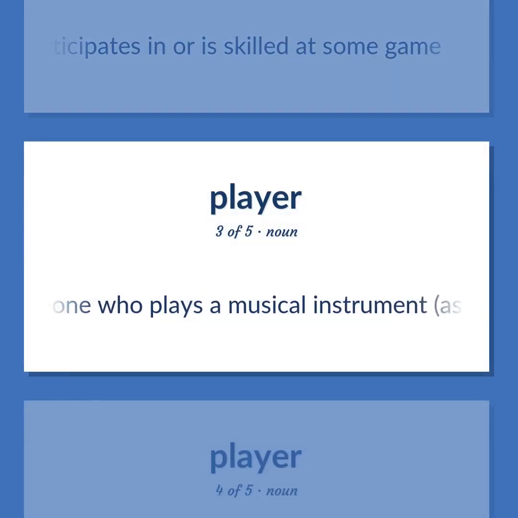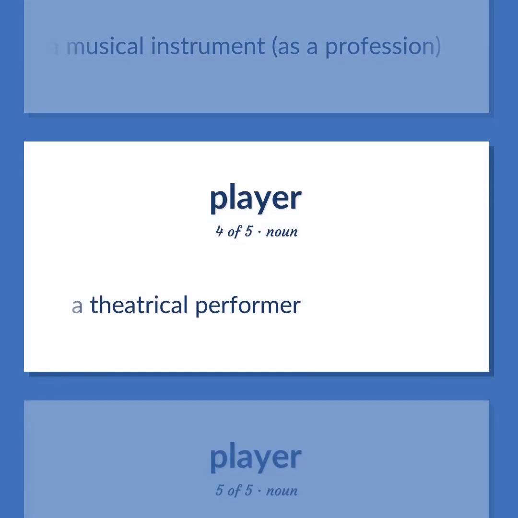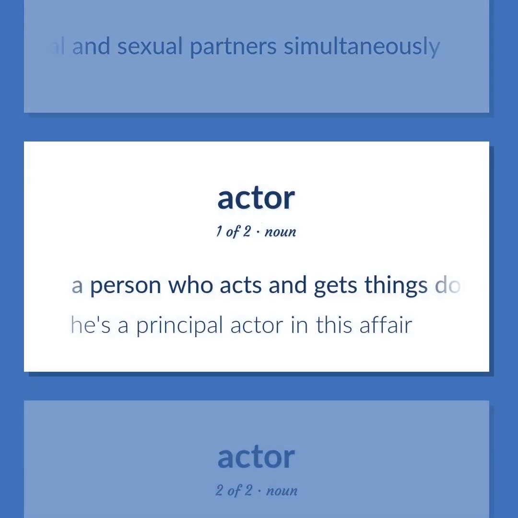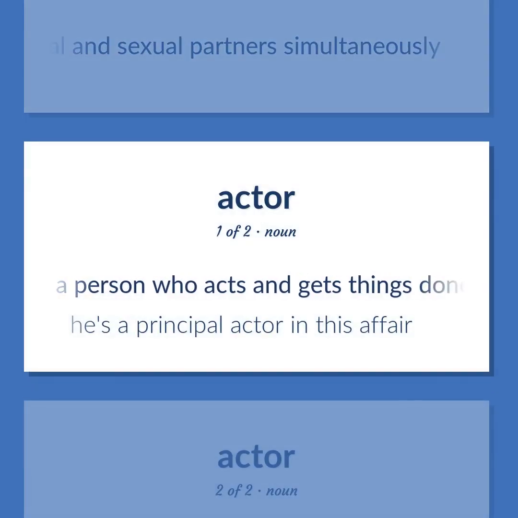Someone who plays a musical instrument, as a profession. A theatrical performer. A person who pursues a number of different social and sexual partners simultaneously. A person who acts and gets things done. He's a principal actor in this affair.